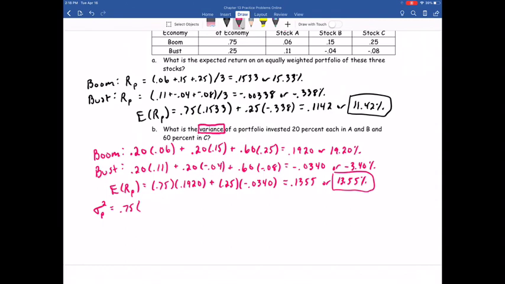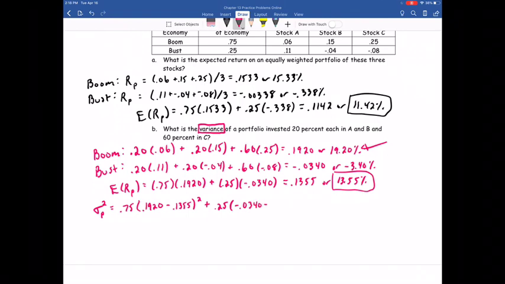We take the expected return in a boom economy of 0.1920, coming from up here, minus the expected return of the portfolio as a whole, and we square this. Then we add the probability of a bust economy, its return of negative 0.0340 minus the expected return of the portfolio as a whole, and we square that value.